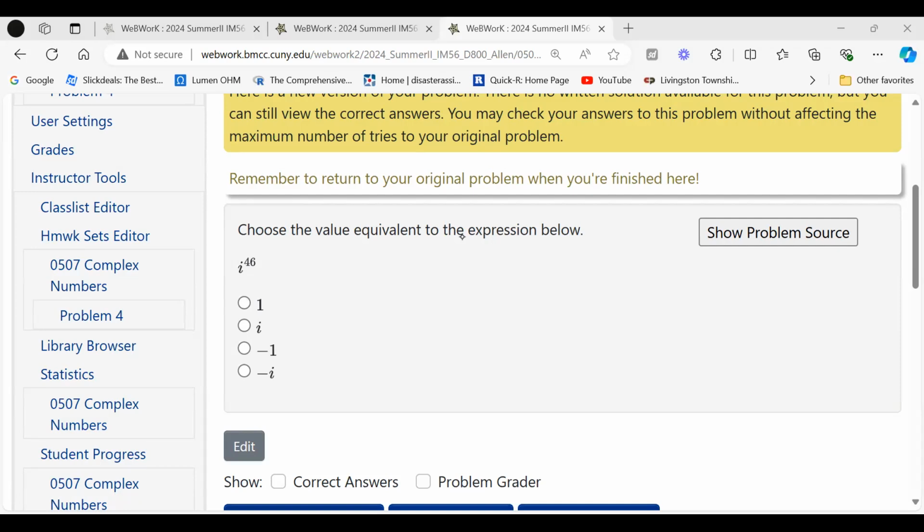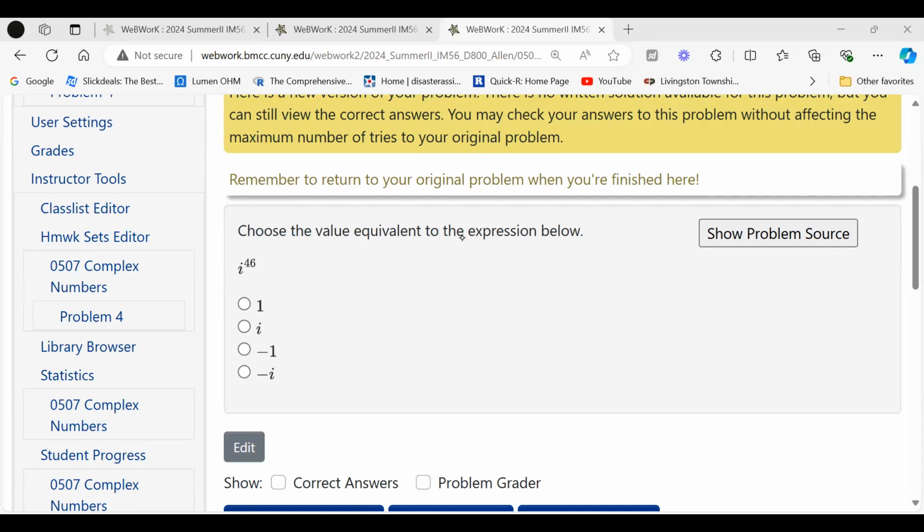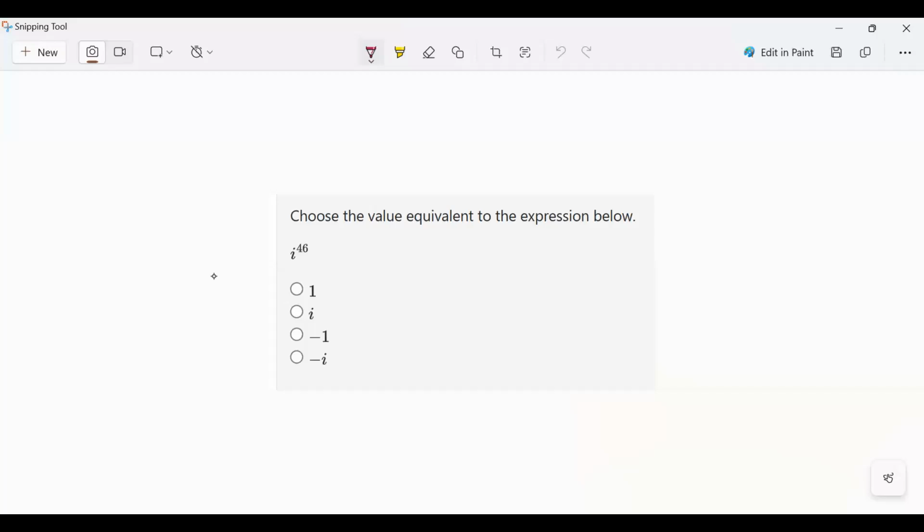I'll say 1. Oh, 1, right? Very good. You sure? One more time. How do you get 1? So i 2 times 23, right? And that's i squared to the 23rd power, right? And we get i squared, negative 1, to the 23rd power. So what do you think?